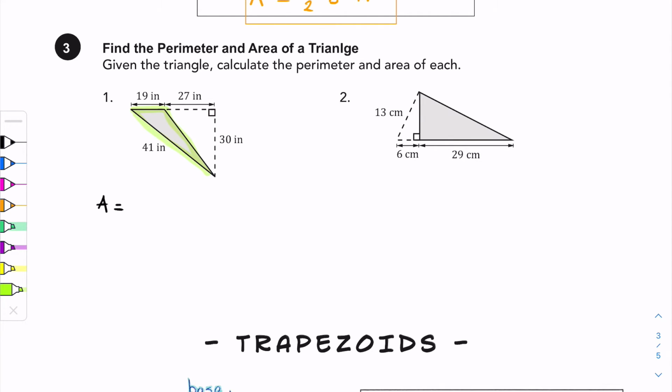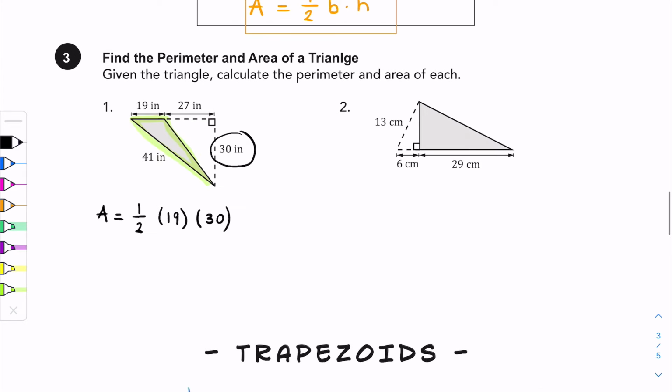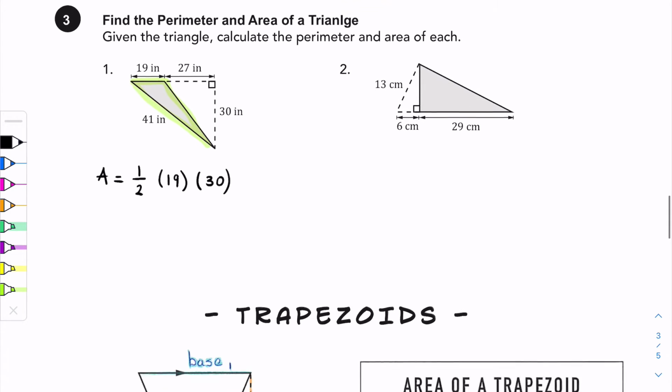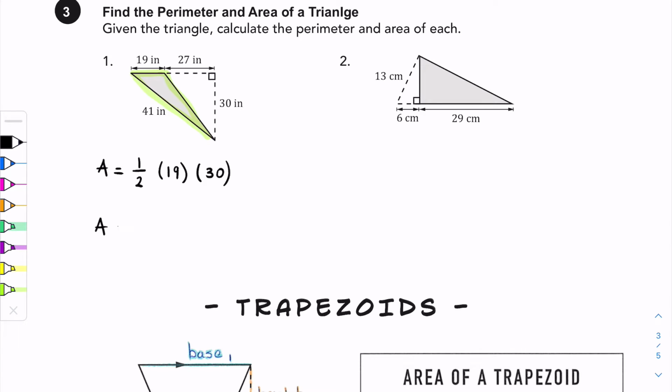So in number 1, we can multiply 1/2 times the base of that shaded region, which is 19, times the overall height of this, which is 30. Make sure you get the correct height, not the slant height, the actual height, so the perpendicular height from the base to the top. So 30 is your height. Type this into the calculator. We get 285 square inches.